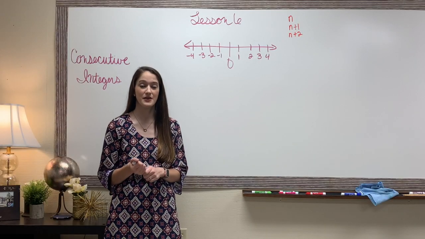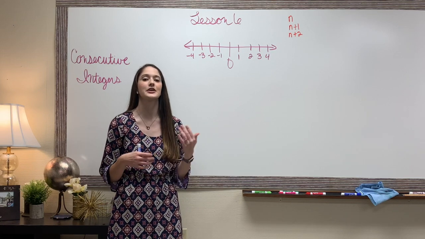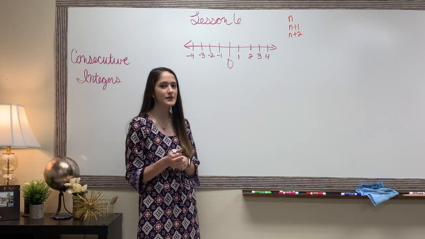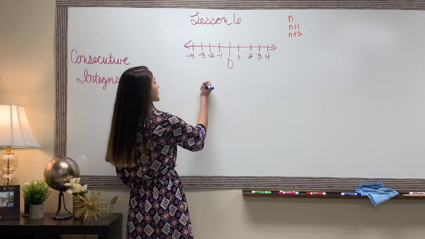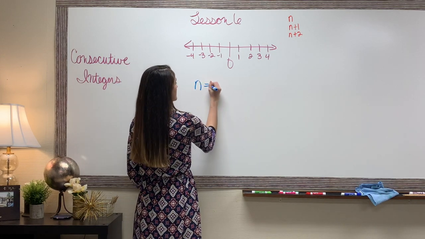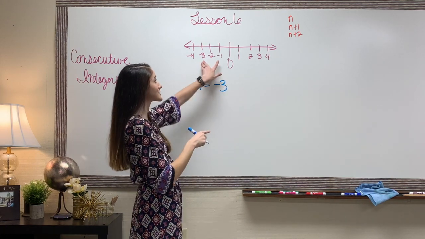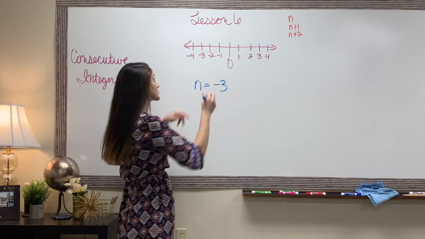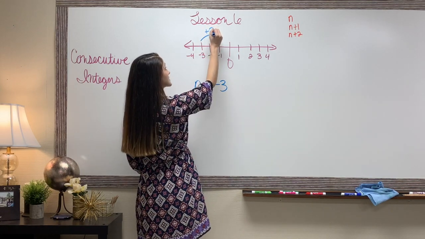The other type that they'll ask us to find is not consecutive integers, but consecutive odd integers or consecutive even integers. So let's say our first integer was -3. How do I go from -3 to my next consecutive odd integer? To go from -3 to -1 is to go plus 2.